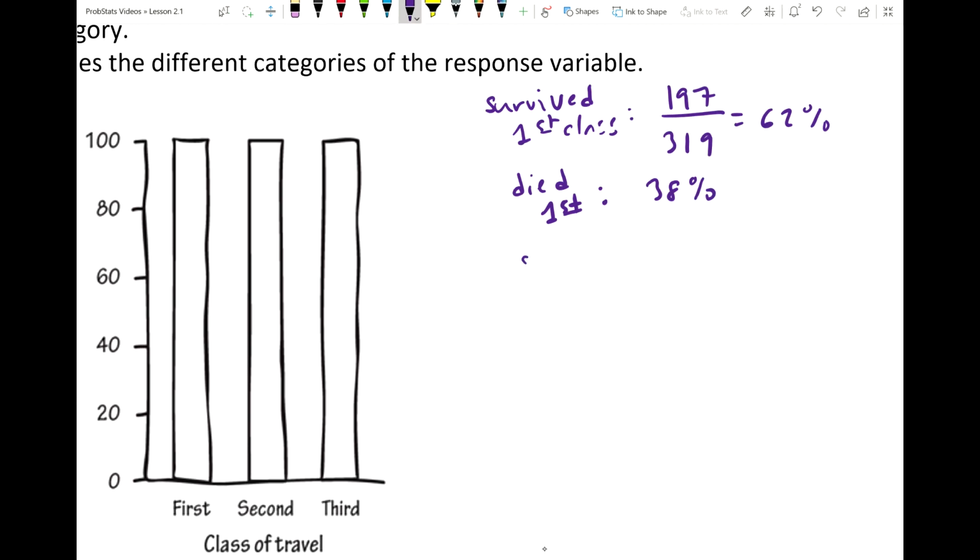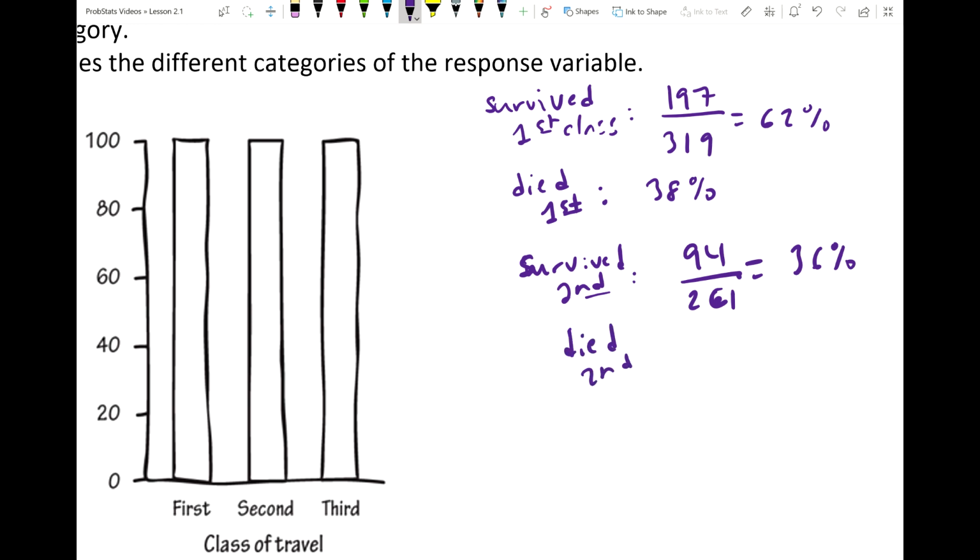And then for survived second class, there were 94 people who survived out of 261, which is 36% survival. Which means 64% died.